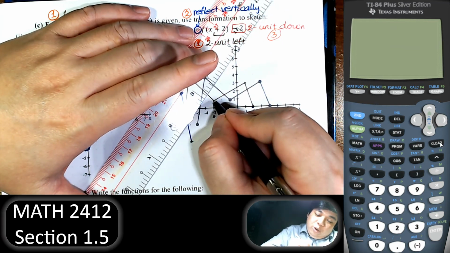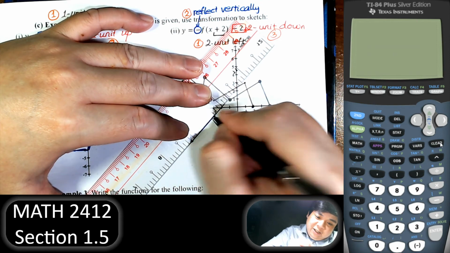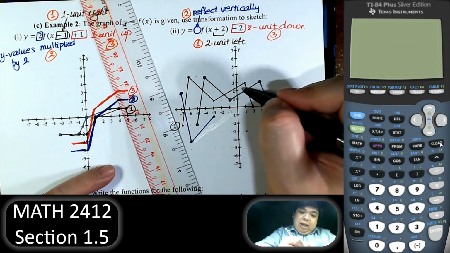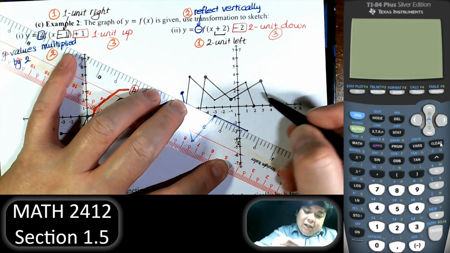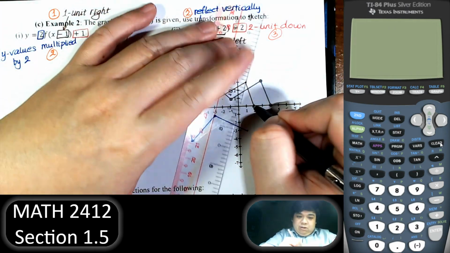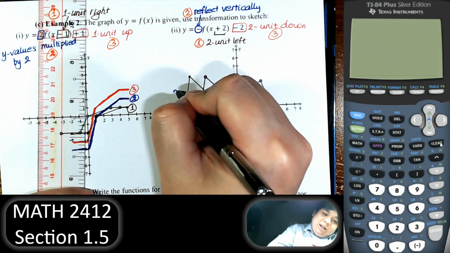Anyway, so this point up becomes down, and up 3, down 3, 0 still 0. That is the second graph.